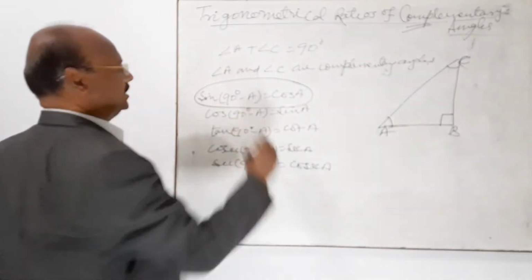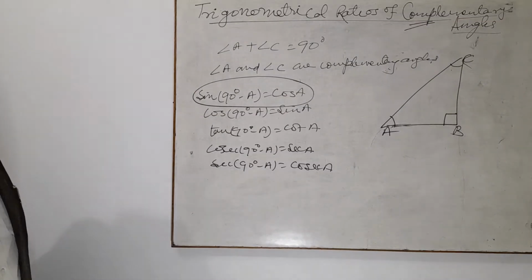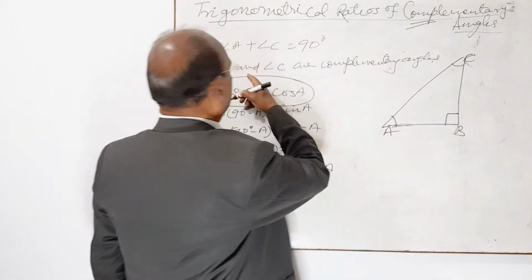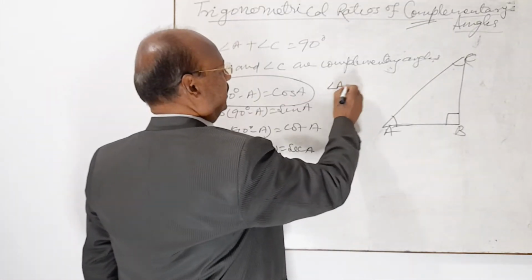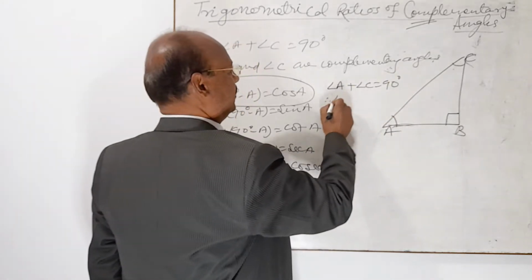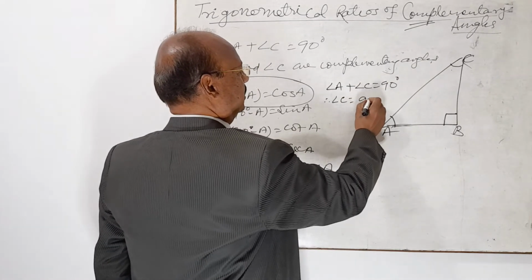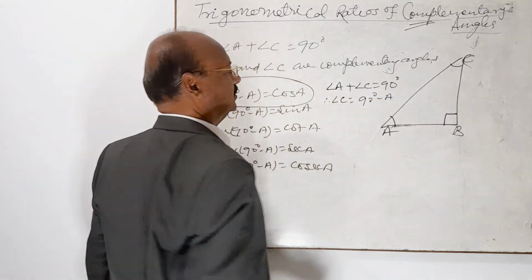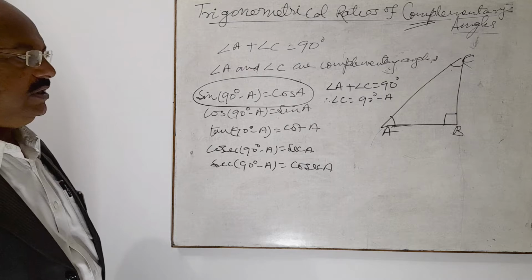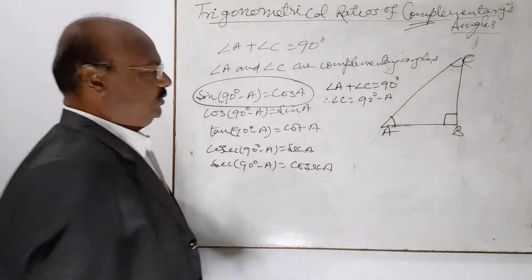Let us try to understand how we can verify that sine of 90 degrees minus A is equal to cos A. Since angle A plus angle C is equal to 90 degrees, therefore angle C is 90 degrees minus angle A, correct?